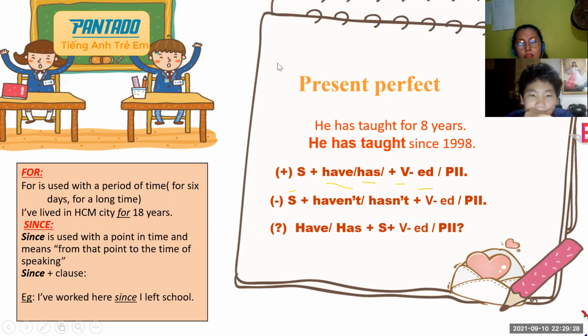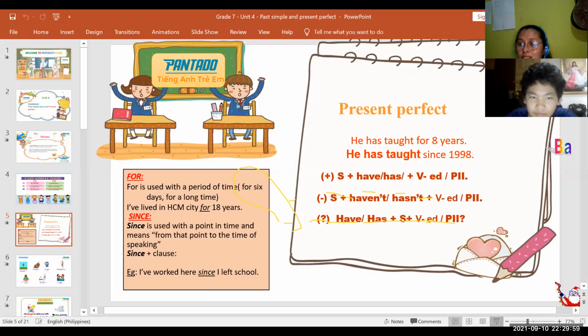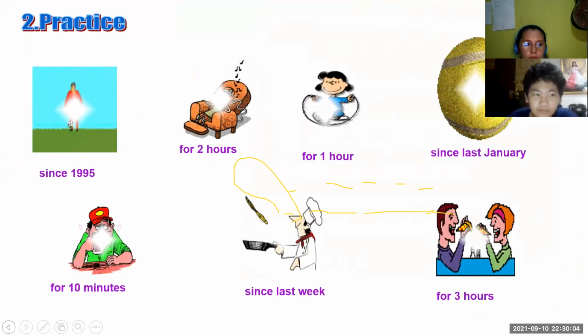For the negative, you will use subject plus haven't, hasn't, plus the verb and ed. And if you're asking a question, we will start with have if it's plural and has if it's singular. I hope you're familiar with those words.